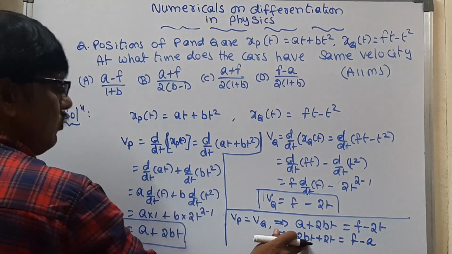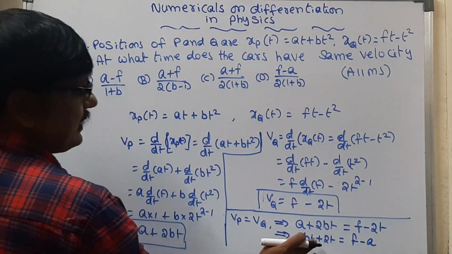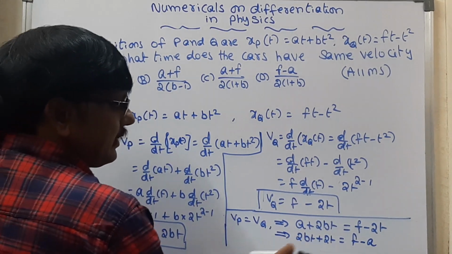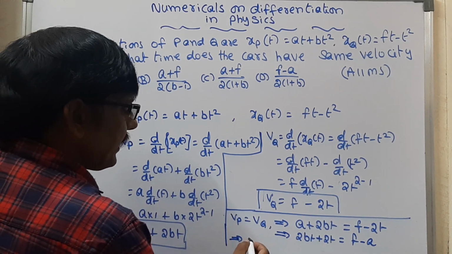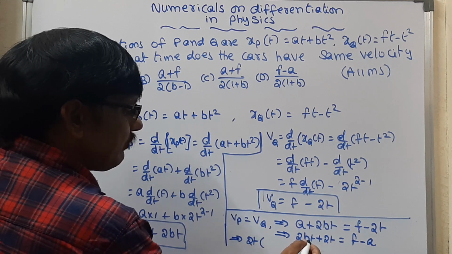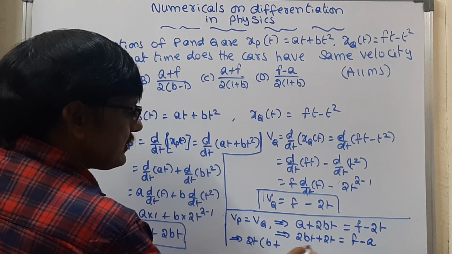What is common that we can take? 2 is common, t also common, so we can take 2t common. When we take 2t common, b will be left, b plus what is left here?